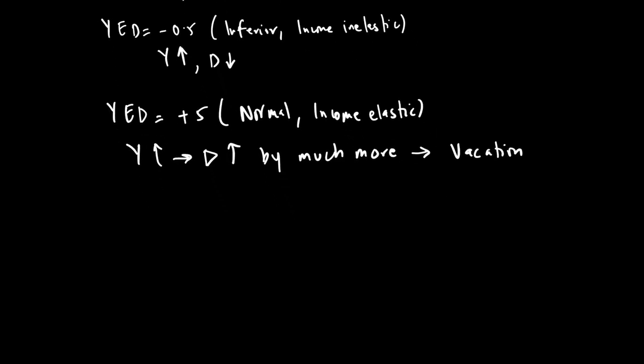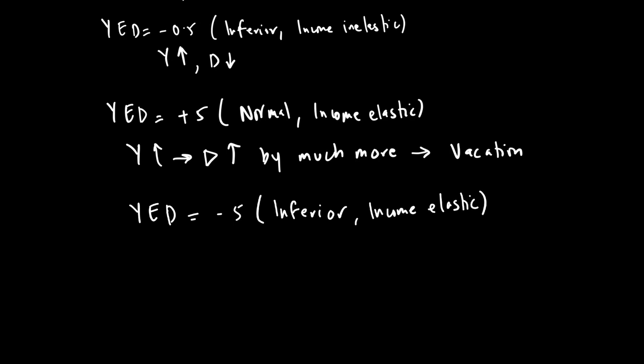We can say demand for vacations could be such, where people, when they have better incomes, demand more vacations. On the other hand, when YED is a minus 5, we call it an inferior good, because it's a minus, and it's an income elastic inferior good. It's like a good where you completely switch when your income goes up. So income goes up, demand will fall by much more.